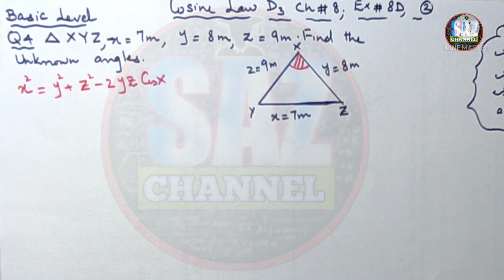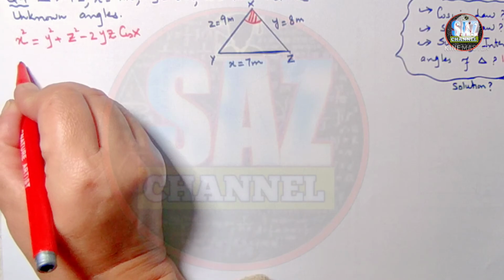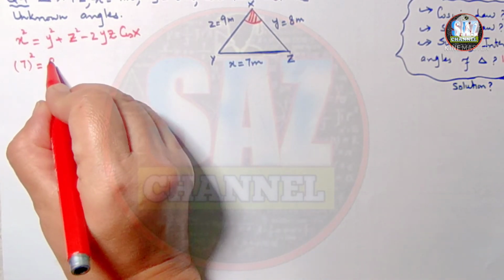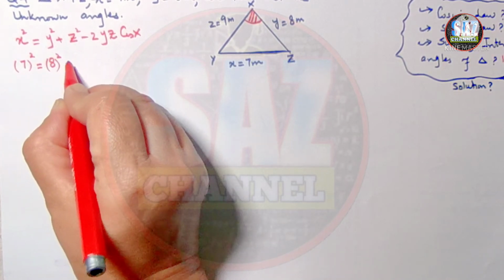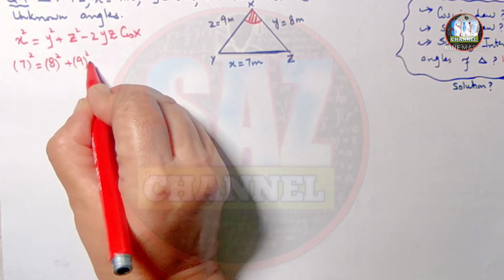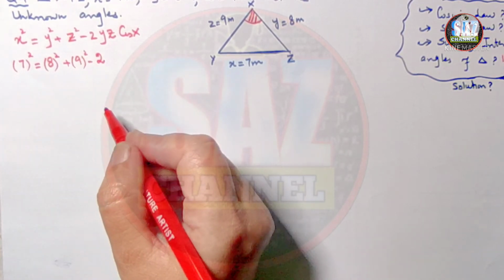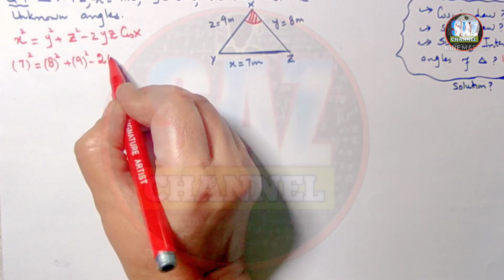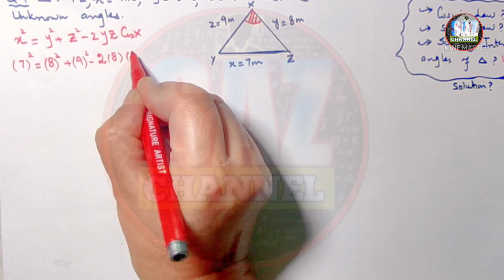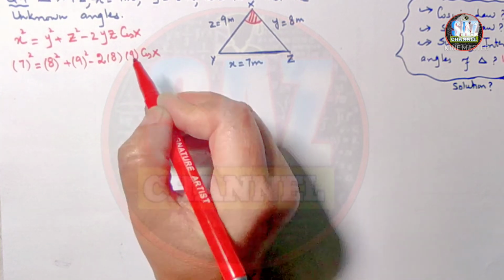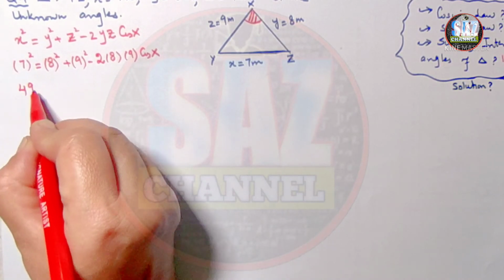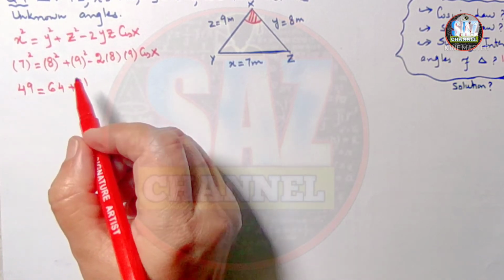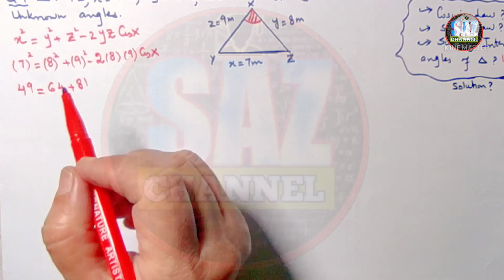Now it's time to replace the values. x is 7 squared, y is 8 squared, and z is 9 squared, minus 2 into yz, 8 times 9, and cos x we do not know. 49 equals 64 plus 81 minus 144 cos x.